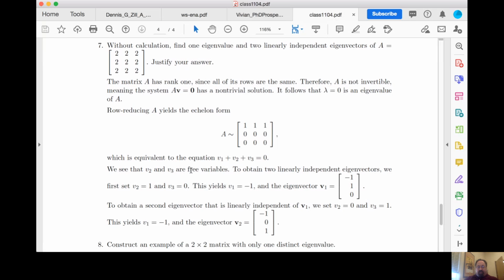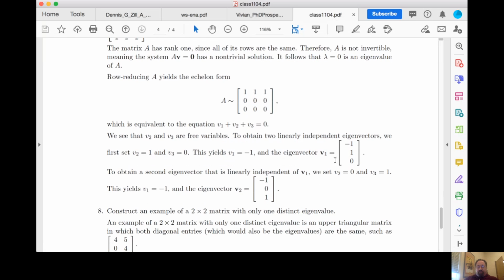So for the first eigenvector, I set v2 equal to 1 and v3 equal to 0. When I substitute both of these values in here, I solve for v1 and I get -1. So that is an eigenvector. Now I need another eigenvector that is linearly independent of that one. So I set v2 equal to 0 and v3 equal to 1.